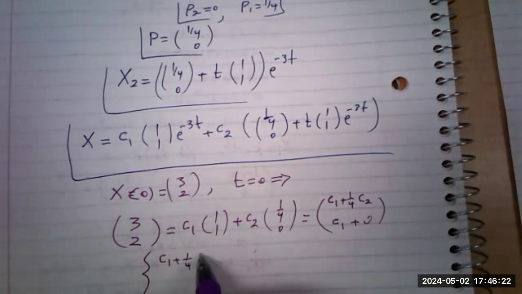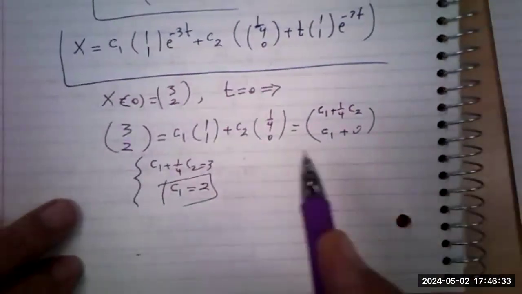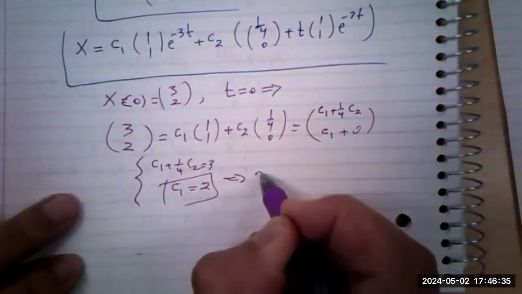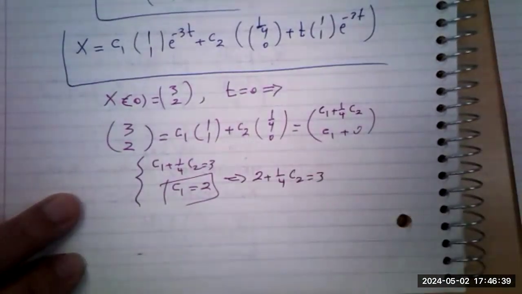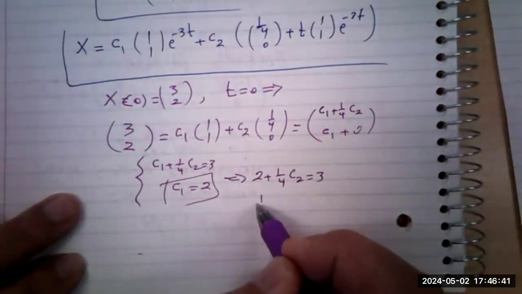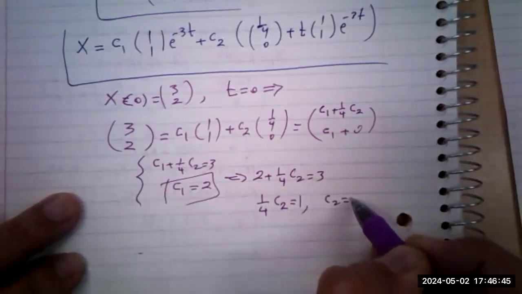C1 plus a quarter of C2 is equal to 3. And from the second one, C1 is 2. That's it. You have the C1, you substitute to get the C2. So 2 plus a quarter of C2 equal to 3, so a quarter of C2 equal to 1. So C2 would be 4.